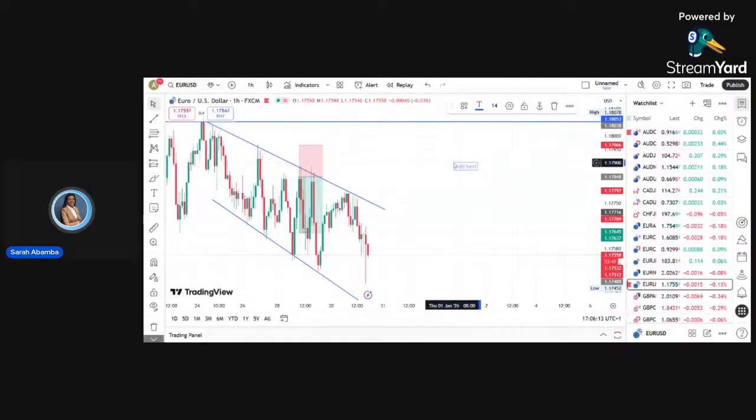So we look at the pin bar, we look at the doji, engulfing.